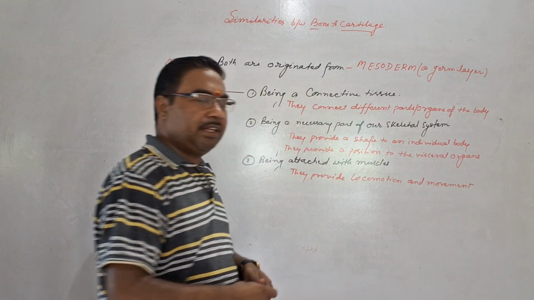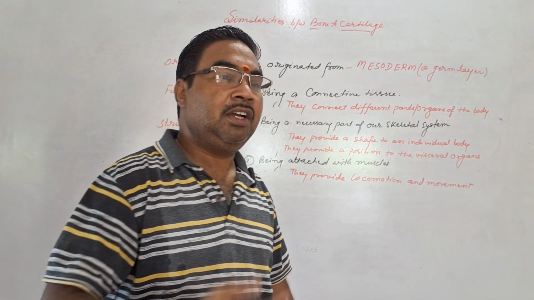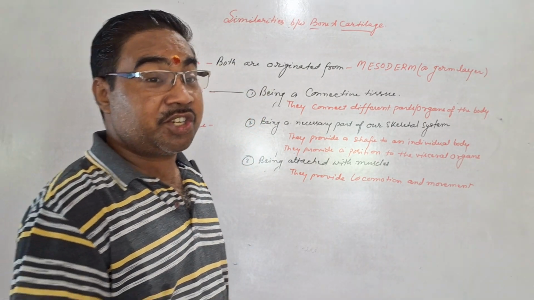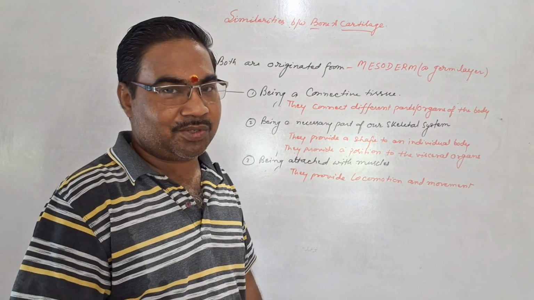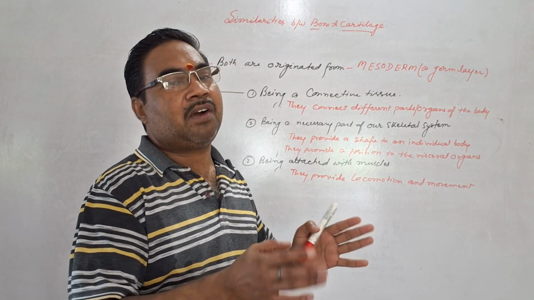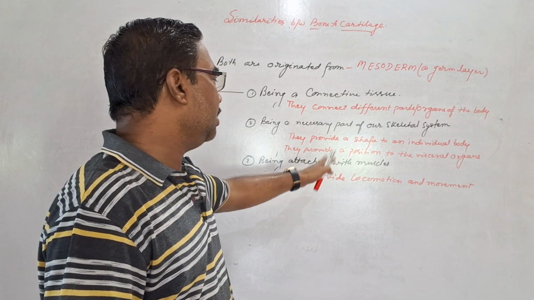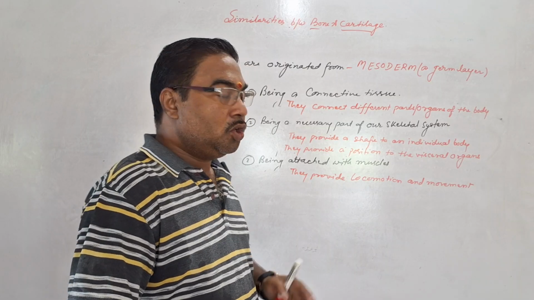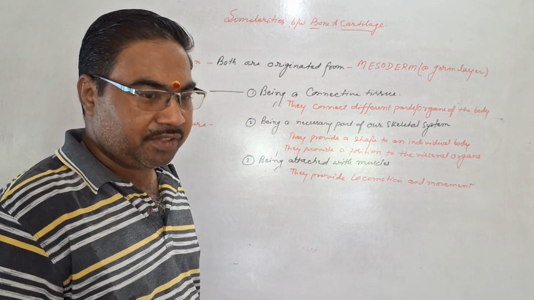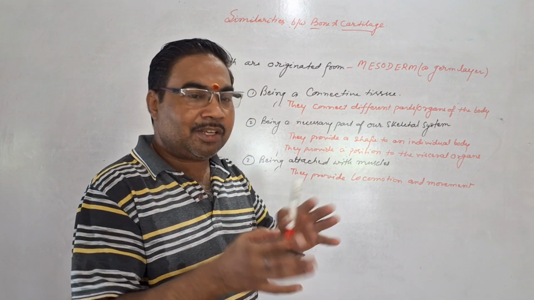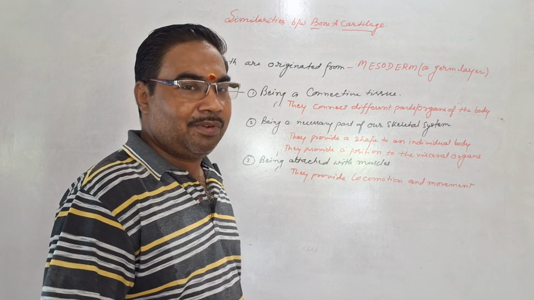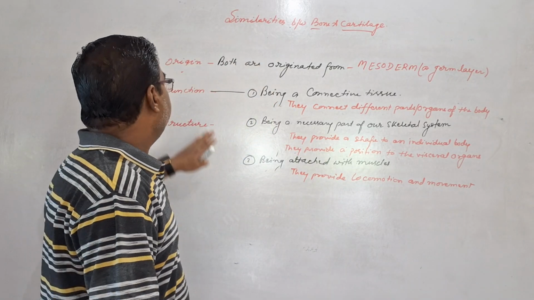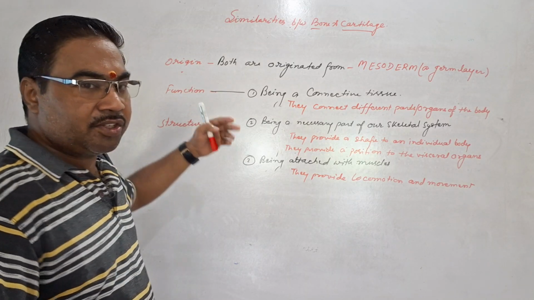You must remember when you study muscle tissue, one type is called striated muscle tissue, which can also be called skeletal muscle tissue. Why? Because it is always found attached with the bones. So bone and muscle together help in locomotion and movement. That means we can walk. Okay, on the ground of origin and function we discussed.